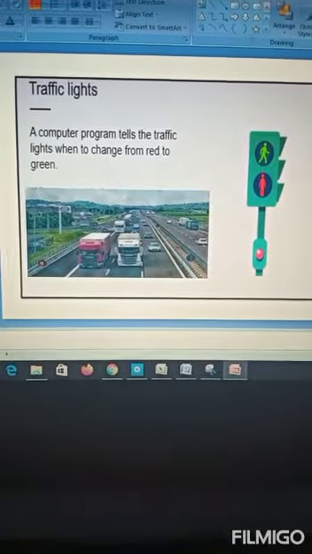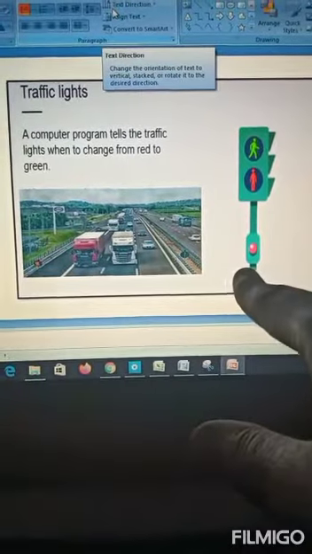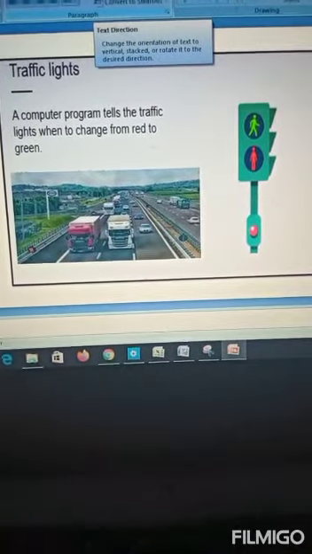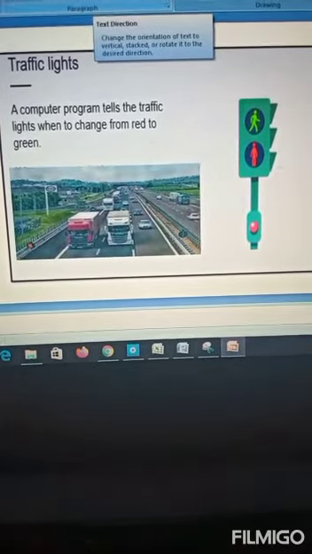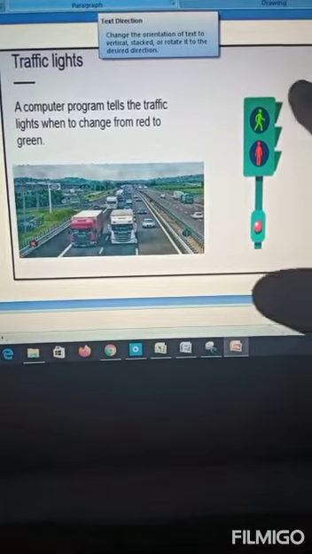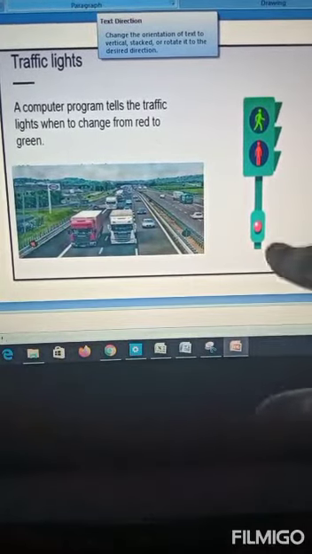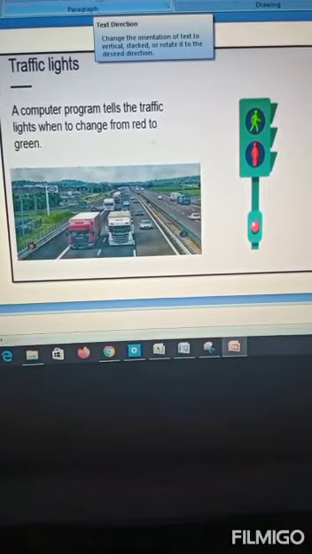Traffic lights are very, very important. If traffic lights are not there, then what would happen? A disaster. Yes, many accidents would occur. Now who is sitting there and controlling the traffic lights? Do you think there's a human controlling them?